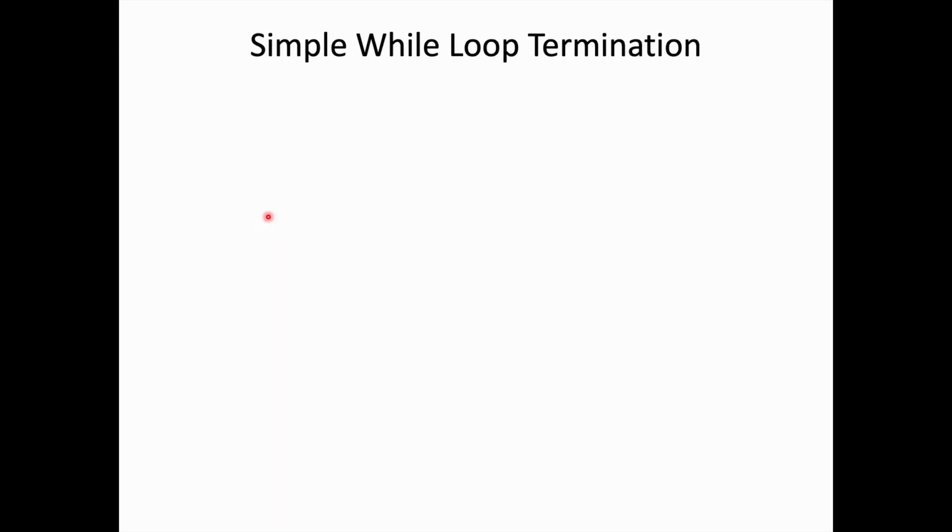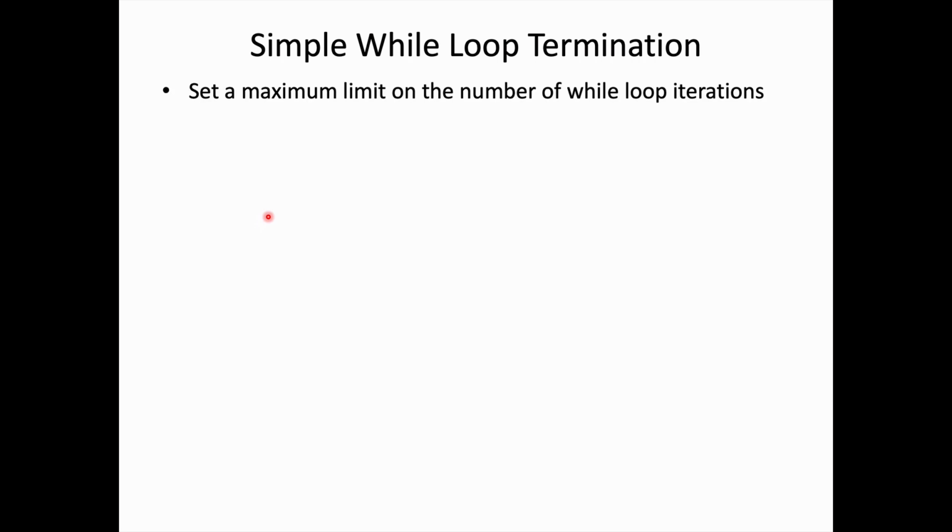Let's have a look at one simple way of making sure that the while loop will always terminate, even if we give it a problem that does not have a finite optimum. This is a simple approach. We can set a maximum limit on the number of while loop iterations required.